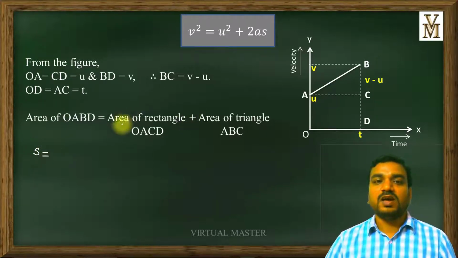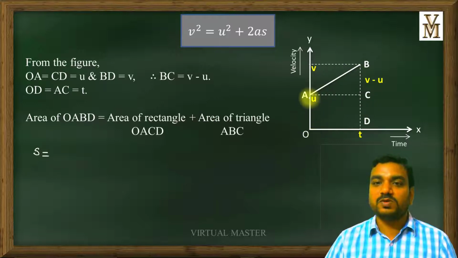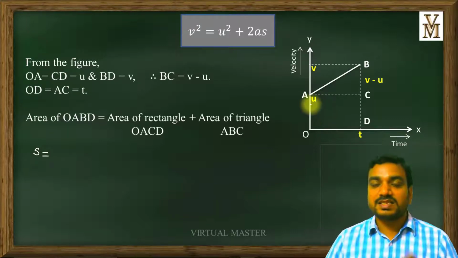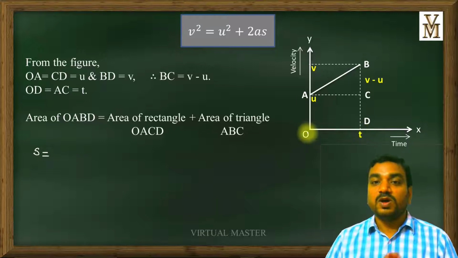Now this area OABD will be equal to the area of rectangle OACD plus the area of triangle ABC. What is the area of a rectangle? It will be equal to length into breadth. In this case, the area of the rectangle OACD is OA into AC.